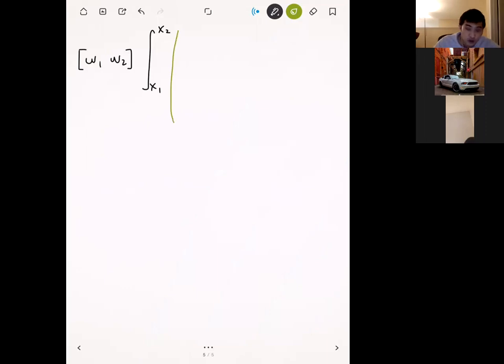All right, and so the 2 by 2 matrix is basically this. We have dn1 dx, dn1 dx, okay, and then we have dn1 dx, dn2 dx, and we have dn2 dx, dn1 dx, and then dn2 dx squared.